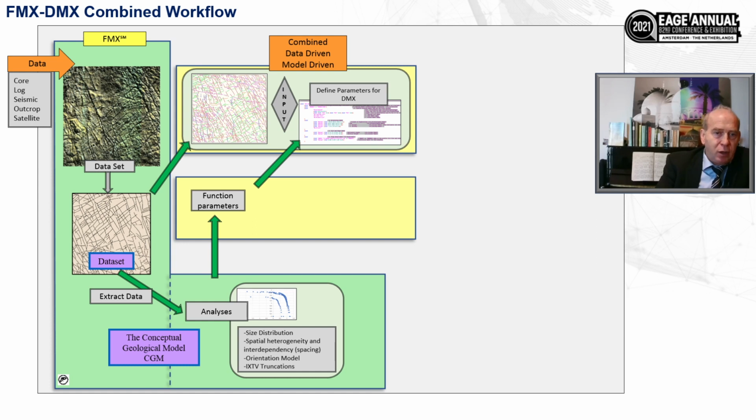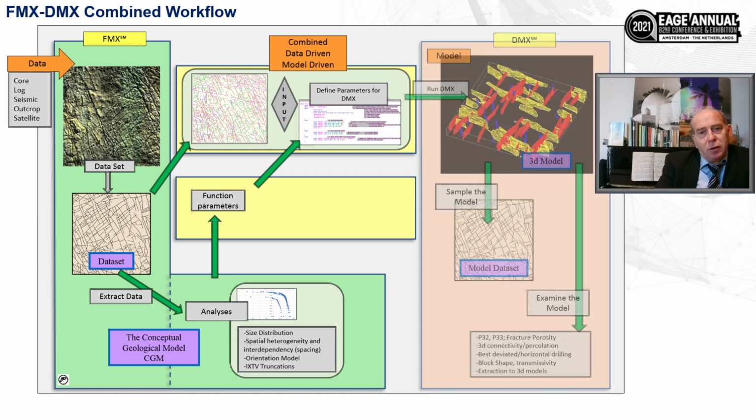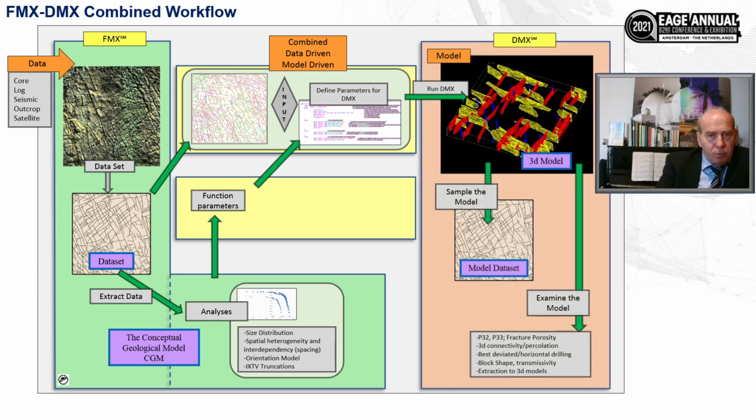On the left, the input is the data themselves. We call this a codified trace map. We come back to this. And on the right side is the definition of the parameters for the different functions. Then we pass to the DMX protocol, which performs the modeling space, extracts information from this model, and samples the model in the way that it can be combined with the data that were used as input.